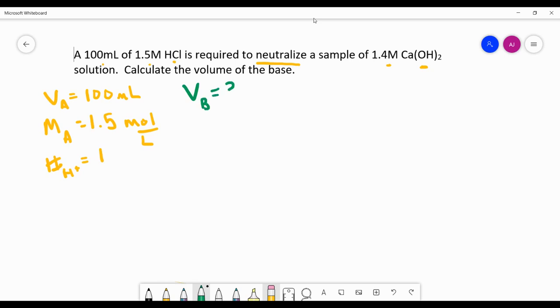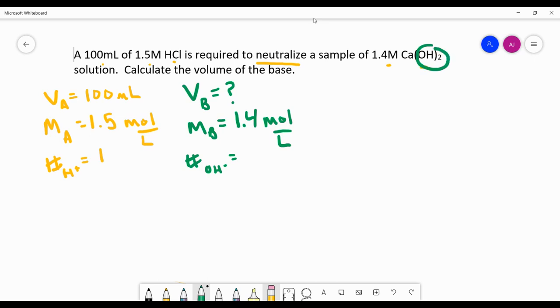For the base, the volume is what I'm trying to determine. The concentration is given as 1.4 moles per liter. And this is a dibasic base, which means that in every one calcium hydroxide, there are 2 hydroxide ions.